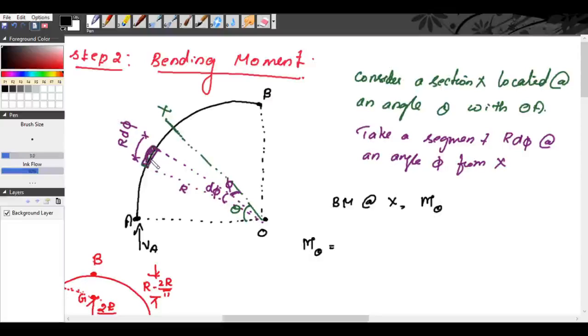From A, you can draw a perpendicular towards OX.